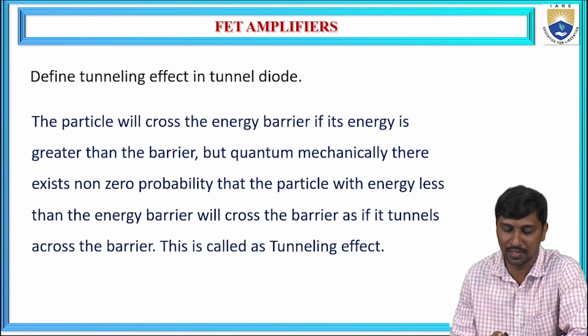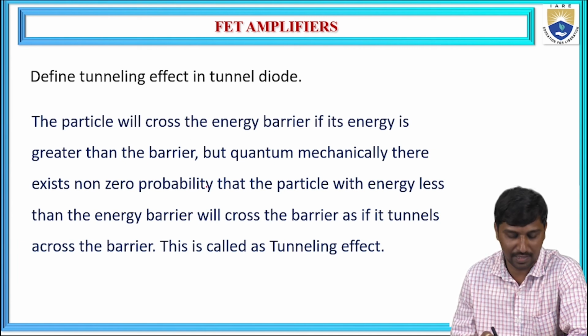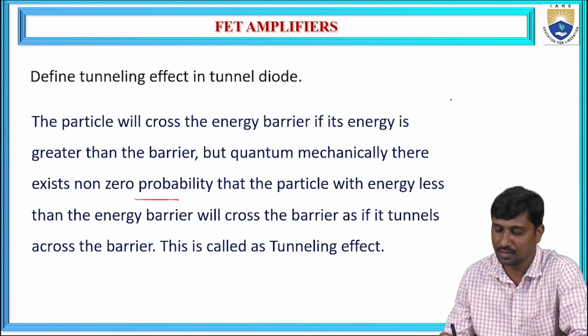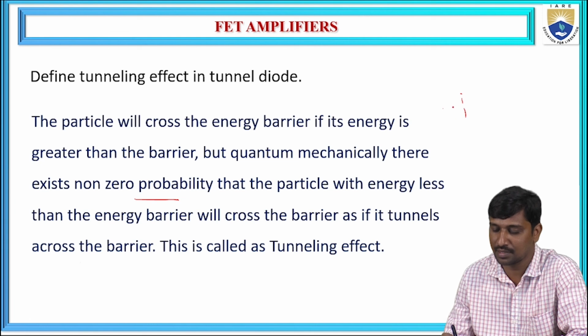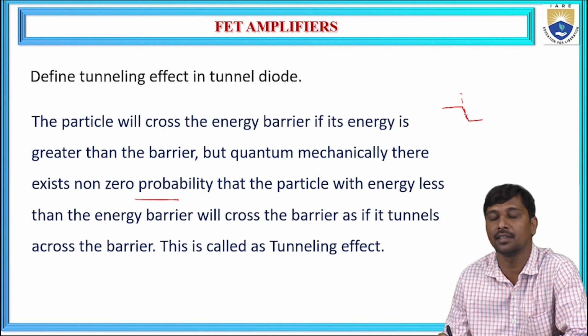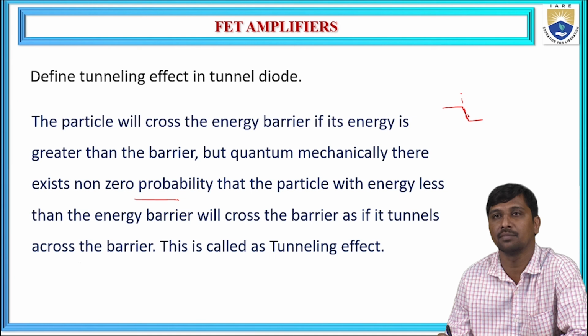To understand this, consider the energy barrier. Quantum mechanically, there is a non-zero probability that a particle with energy less than the energy barrier will cross the barrier, as it tunnels across the barrier. Based on the energy band diagrams, if you take a pure semiconductor, the Fermi level always lies between the valence band and the conduction band.